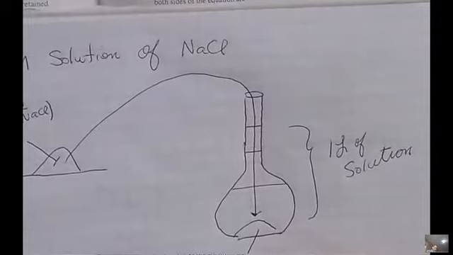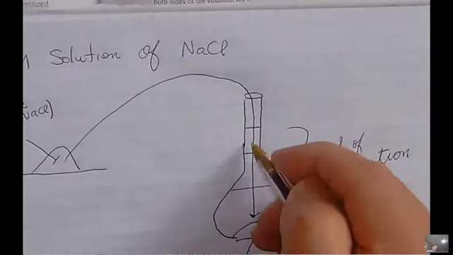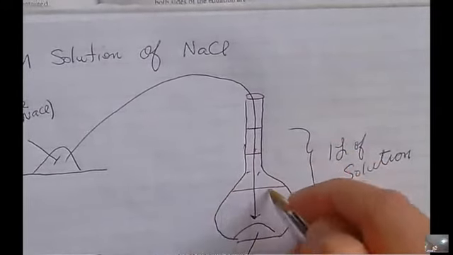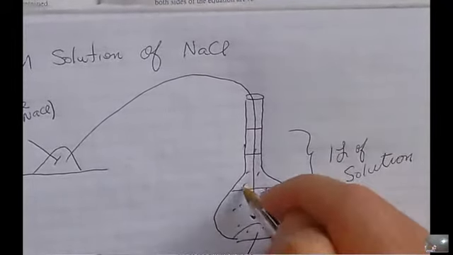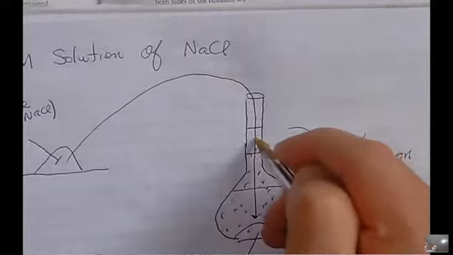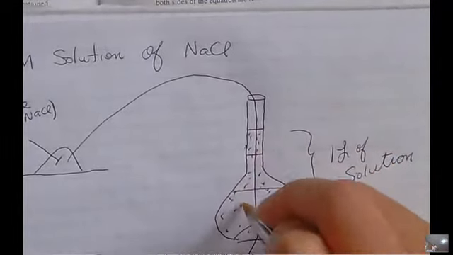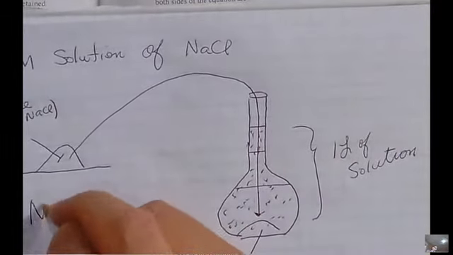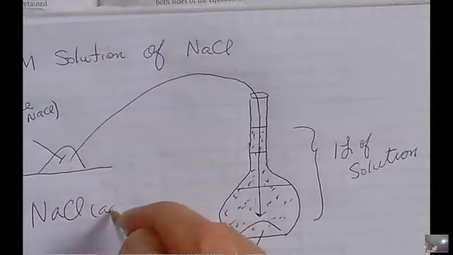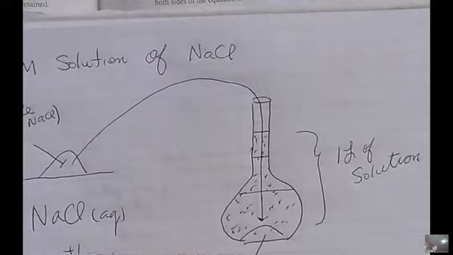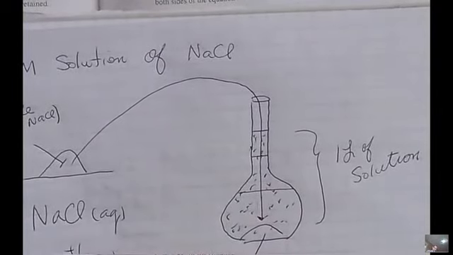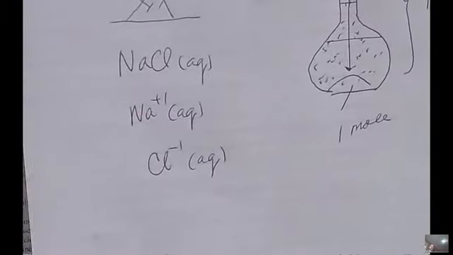Now what happens to that sodium chloride ions? They're going to be equally distributed throughout the whole solution. They're dissolved. So this pile at the bottom would go away, and the ions would be floating around. The individual NaCl aqueous ions are really Na plus aqueous and Cl minus aqueous, surrounded by water molecules.